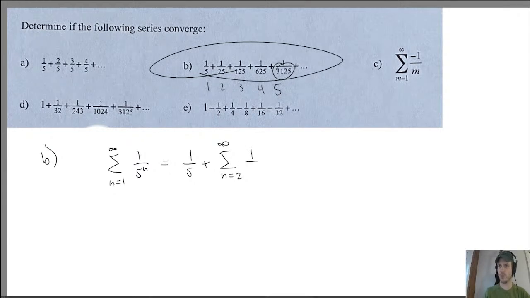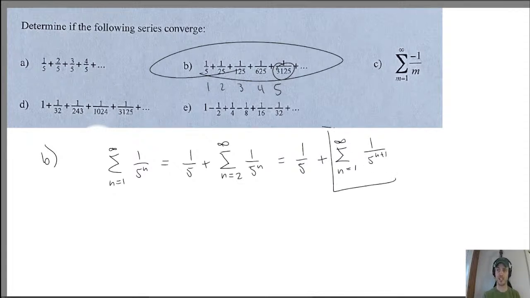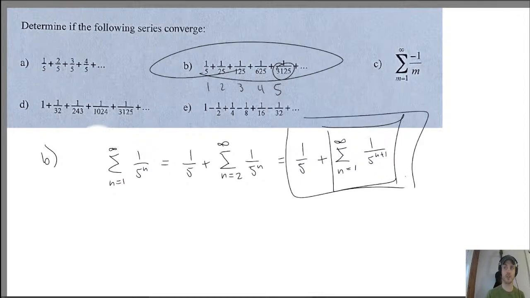Now this is 1 over 5 to the n still, and then I'm going to re-index this thing. Here the first term would be 1 over 5 squared, plus the sum from n equals 1 to infinity of 1 over 5 to the n plus 1. So now we can test the convergence of this series. If this series converges, then this converges.